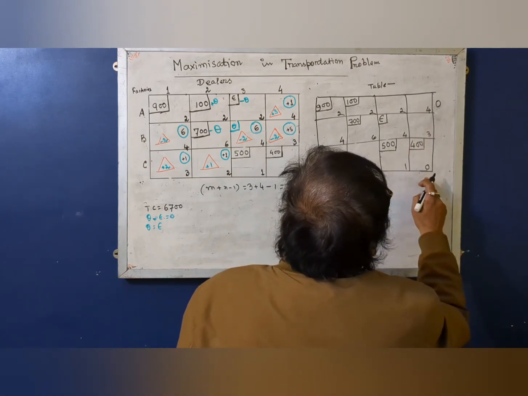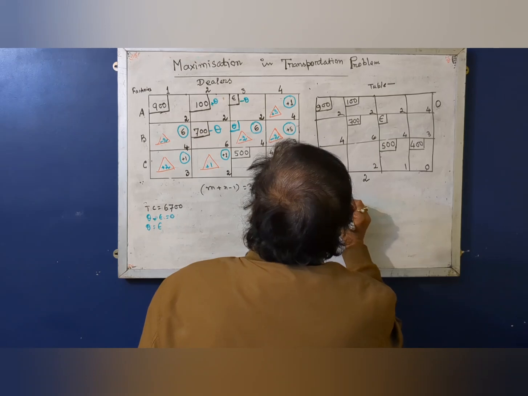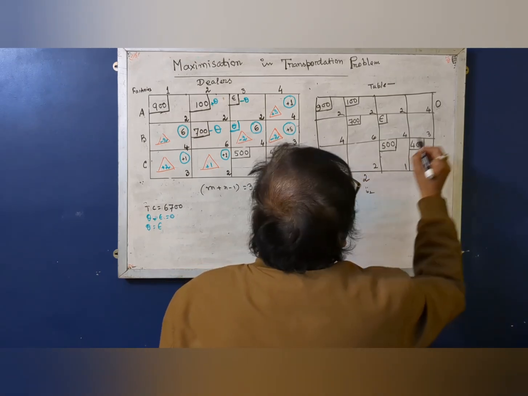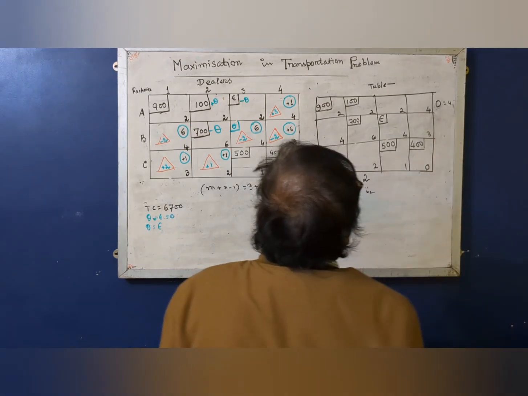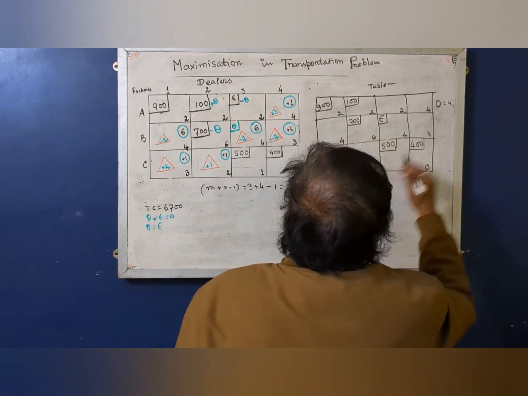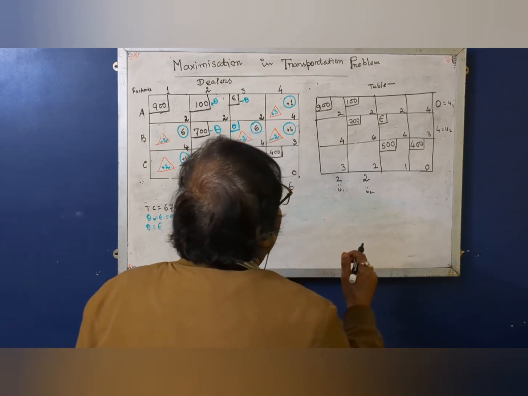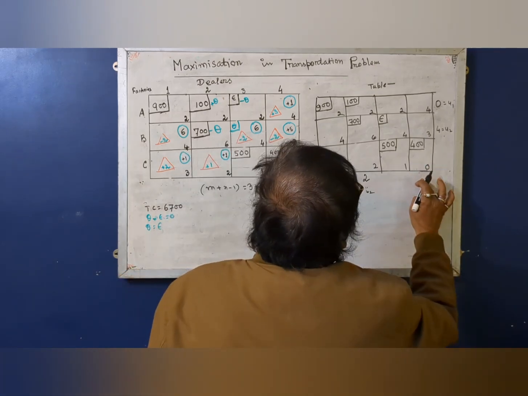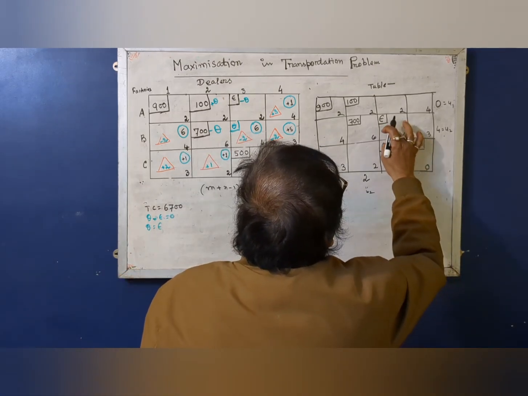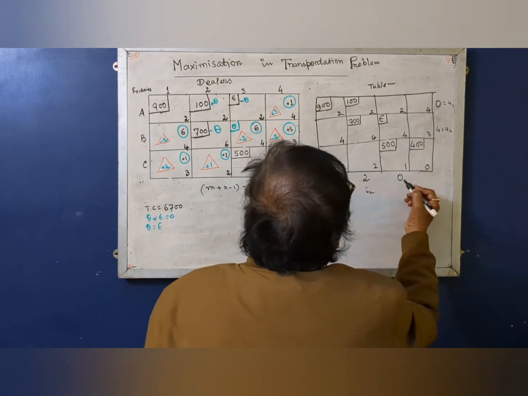Next, we have to find out all this. So I am not writing again. This is V1, this is V2 in this way. The similar process. This is U1 like that. So with the help of this, 6 minus 2 is 4. This is U2. And you have to find out this and this. How do we find this? With the help of basic cells. 4 minus 4 is 0. 4 minus 4 is 0.